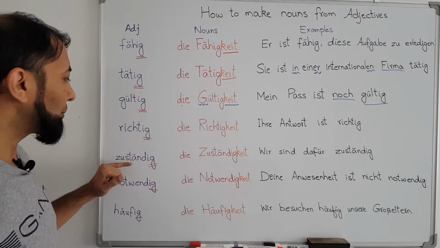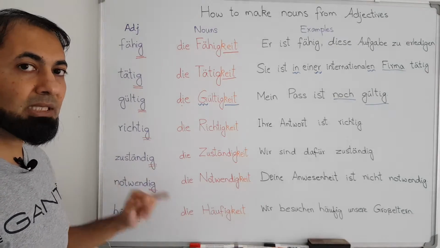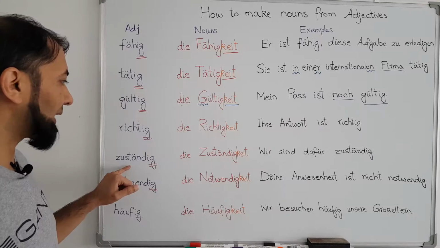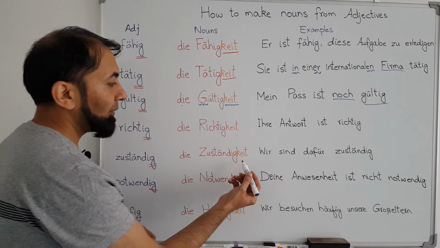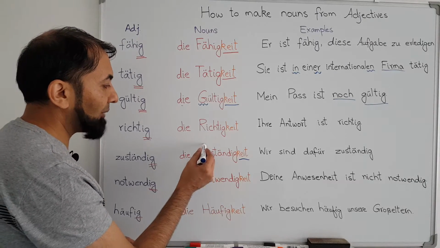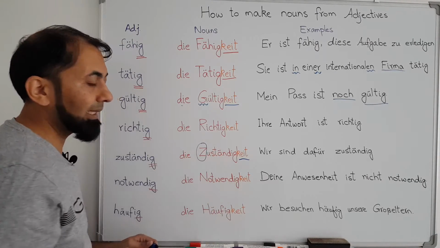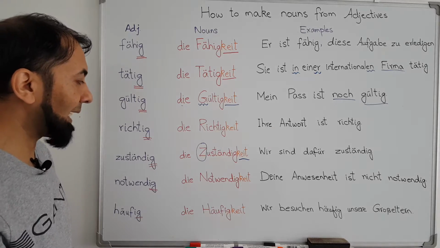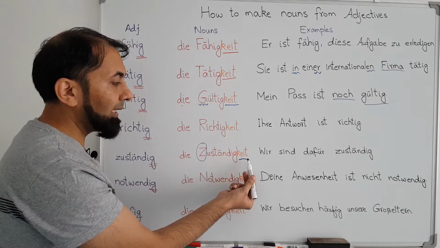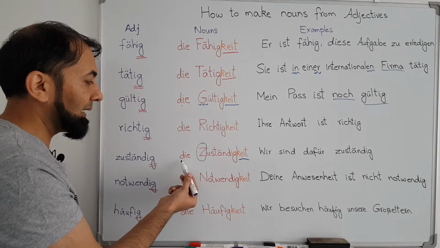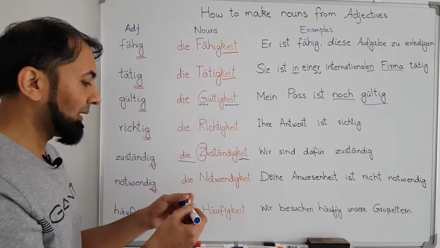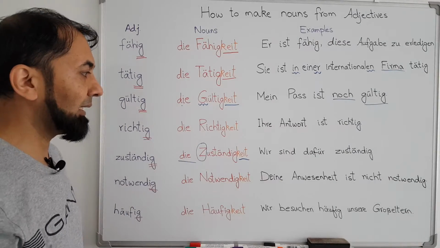Next is zuständig. Zuständig means responsible. To make a noun out of this adjective, we add keit at the end of the adjective, and we write Zuständigkeit with a capital Z. Since all the nouns ending with keit have the article die, we have die Zuständigkeit, which means the responsibility.